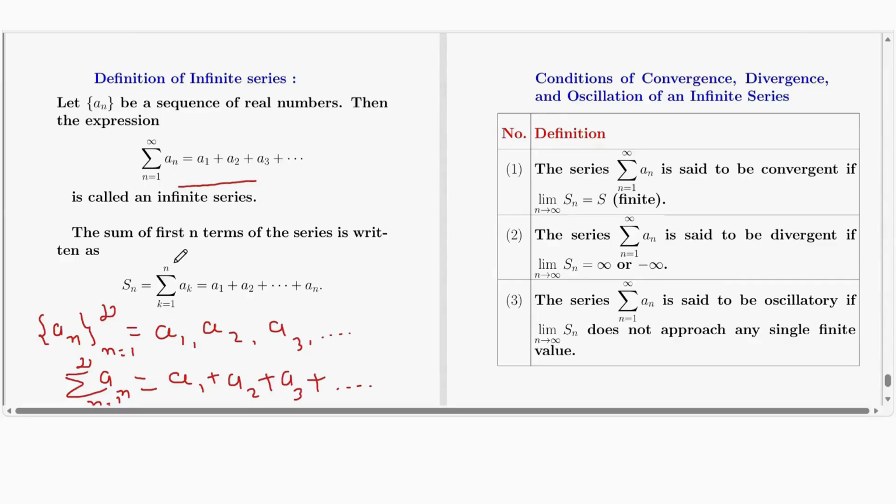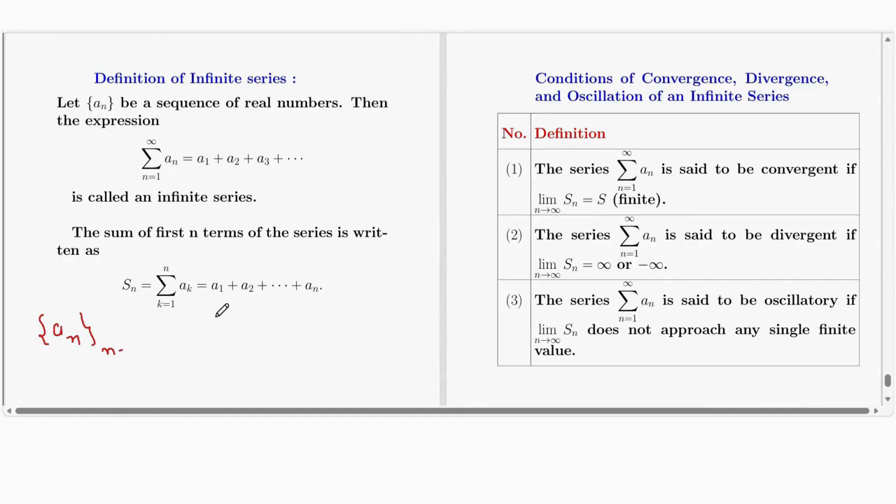Now the sum of first n terms of the series is written as Sn is equal to summation of k is 1 to n ak is equal to a1 plus a2 up to so on an. So Sn is what? Sn is the sum of first n terms of this series.